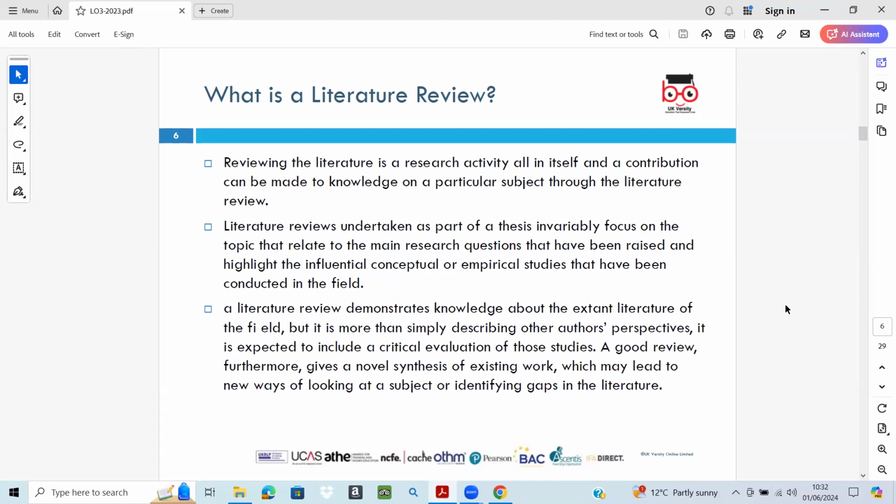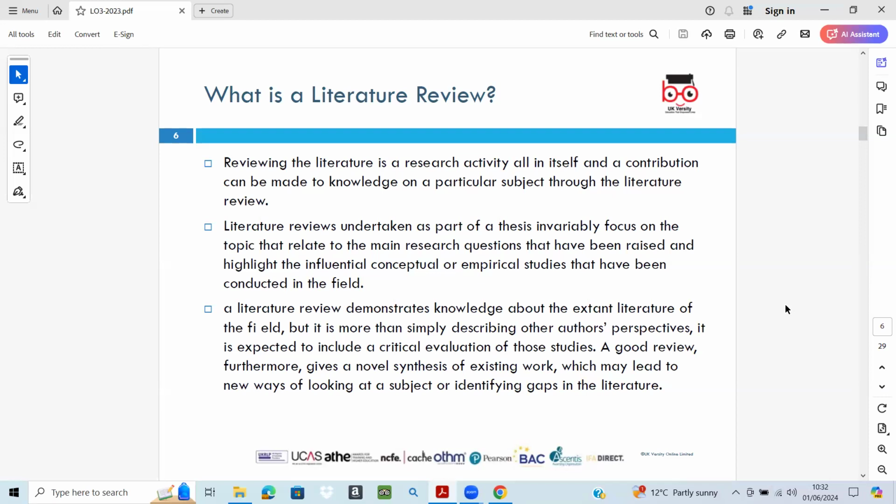It is important to bring attention to the influential studies and conceptual frameworks that have shaped the field. For example, if your research question involves the effectiveness of telehealth, we would review and cite key studies that have explored various aspects of telehealth efficiency.